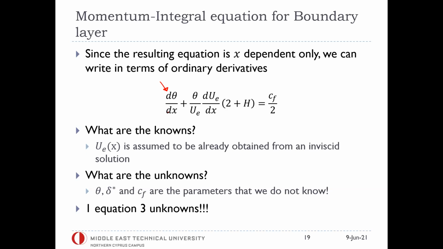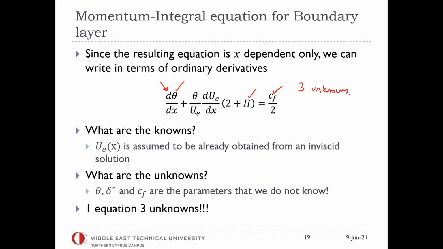The question is, what are the unknowns here? The unknowns are the integral quantities of the boundary layer: theta is one unknown, H, or therefore delta star, is another unknown, and CF is another unknown. So we indeed have three unknowns here.